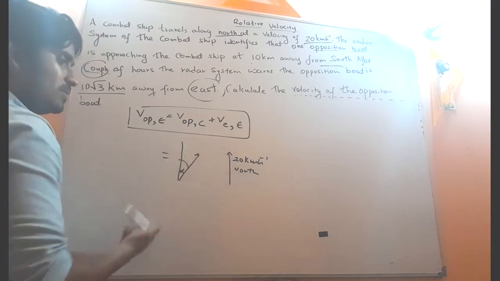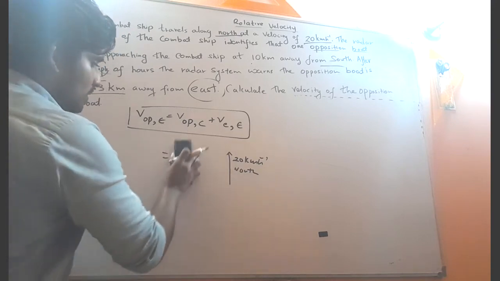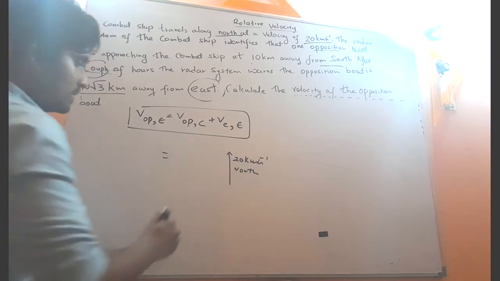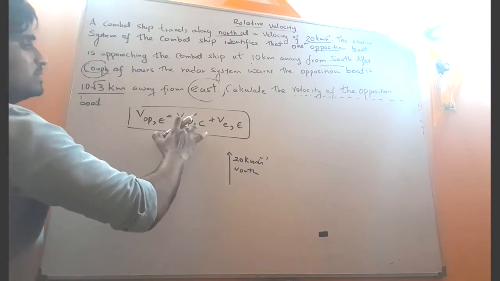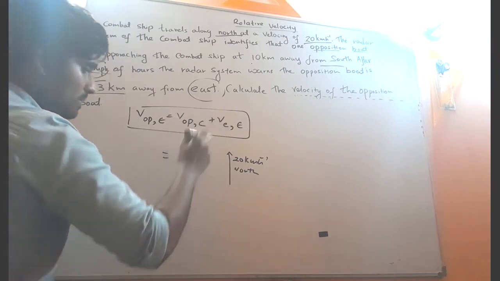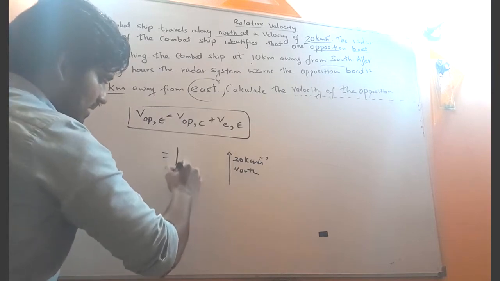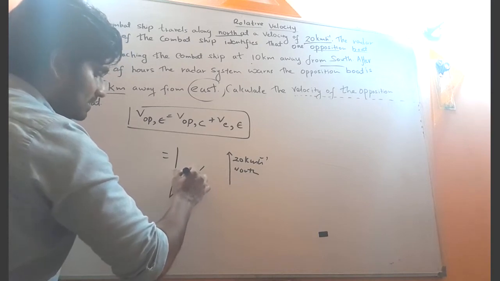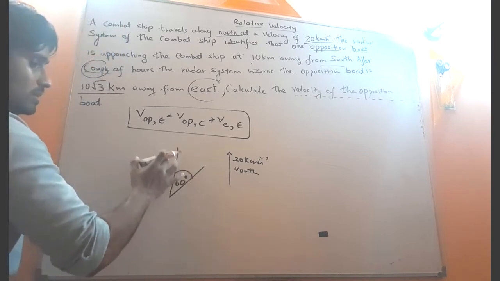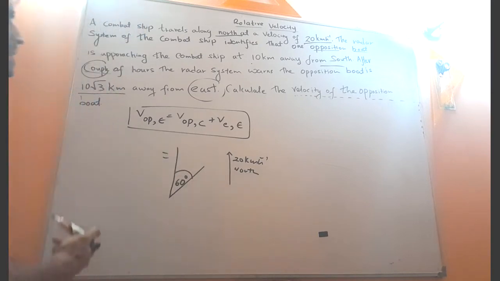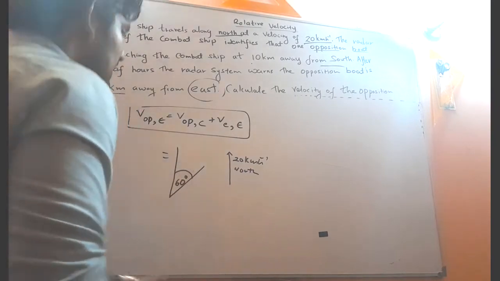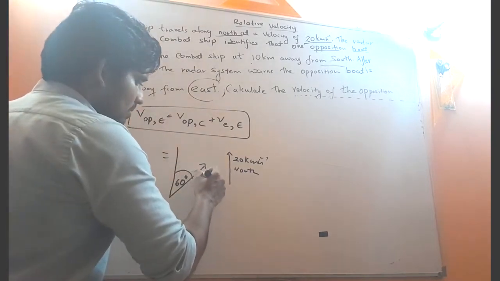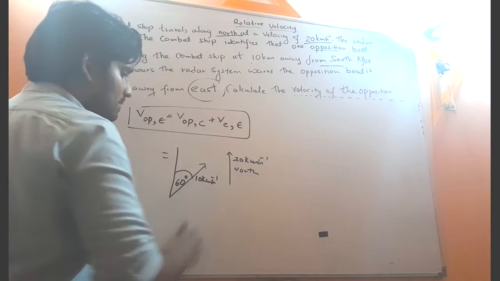According to our problem it is 60 degrees. So that means 60 degrees with north, and the value of that is 10 kilometers per hour.